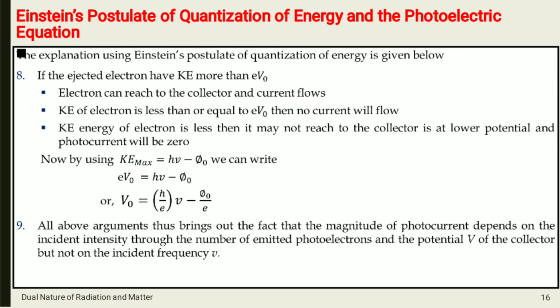All the above arguments thus bring out the fact that the magnitude of photocurrent depends on the incident intensity through the number of emitted photoelectrons and the potential V of the collector, but not on the incident frequency.